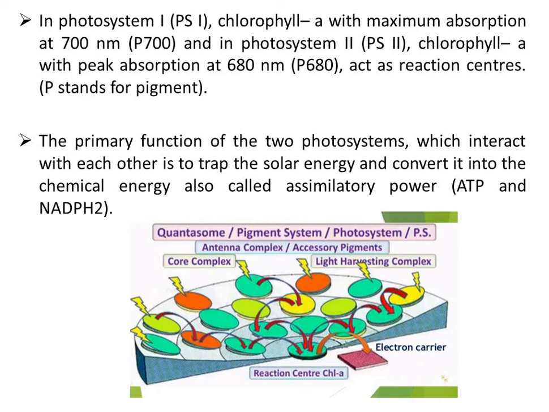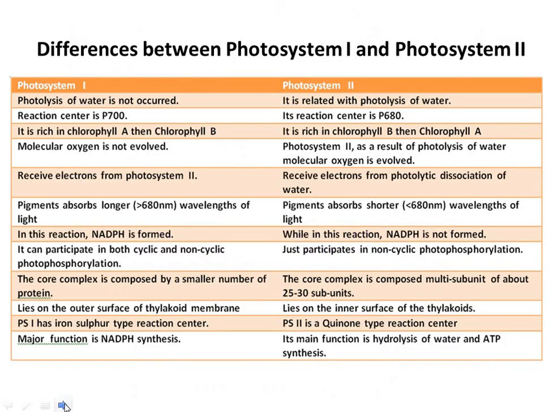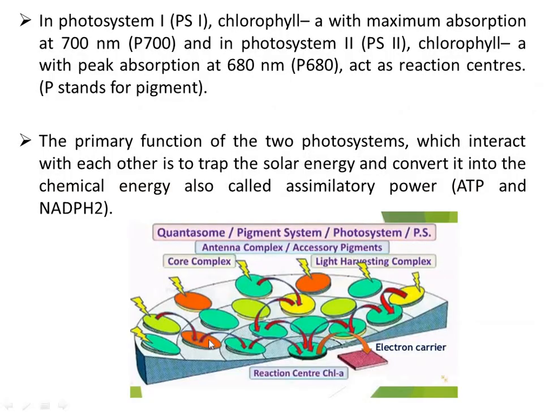So P stands for the photosystem or the pigment system. The primary function of these two systems, which interact with each other, is to trap the solar energy and convert it into chemical energy, also called assimilatory powers, that is ATP and NADPH2. Again the diagram shows the reaction center. Then the other colored pigments are there.